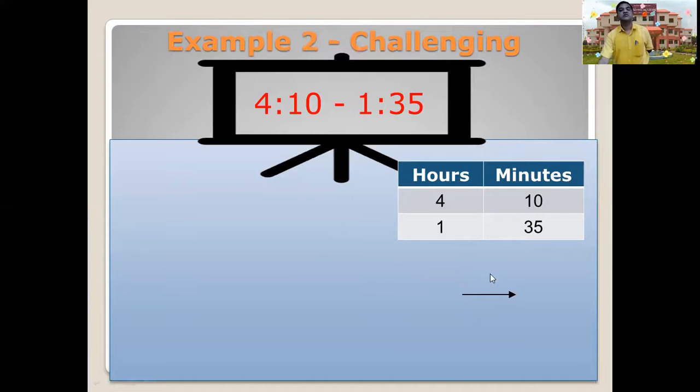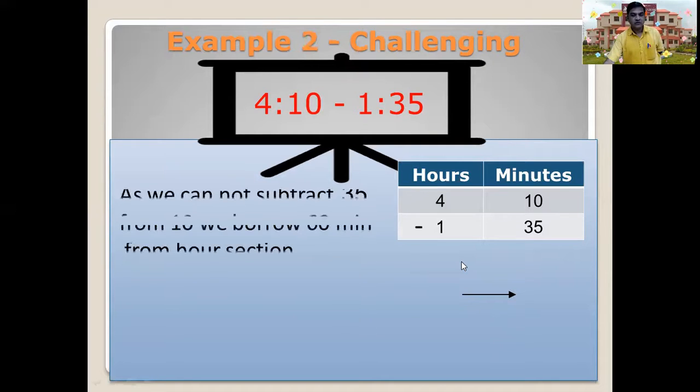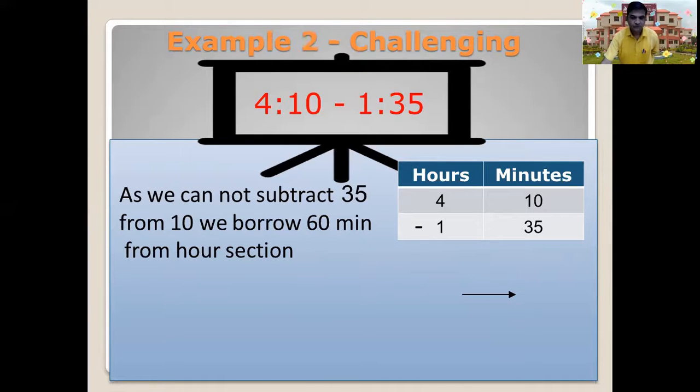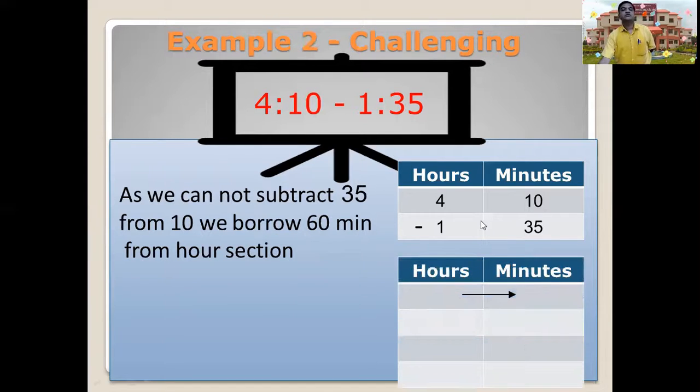So in this case, naturally, we are going to borrow 60 minutes from the hour section. So we are going to do a little adjustment of the time, that we are writing instead of 4 hours 10 minutes, as 3 plus 1 hours and 10 minutes.